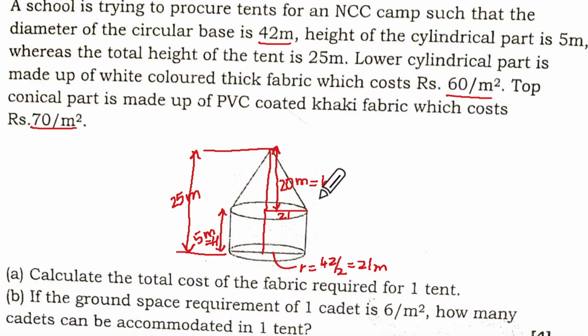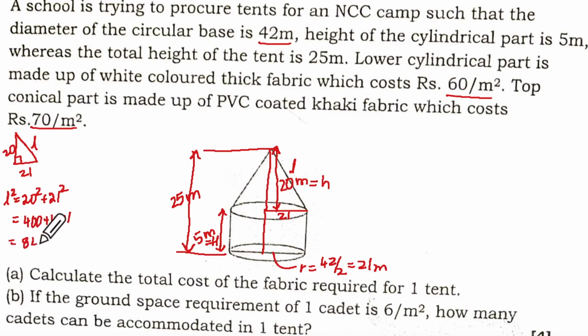So we will need the L, correct? In the right triangle over here, this is 21, this is 20. So you have to find L. L square will be equal to 20 square plus 21 square, which is 400 plus 441, which is equal to 841. So L will be equal to under root of that.